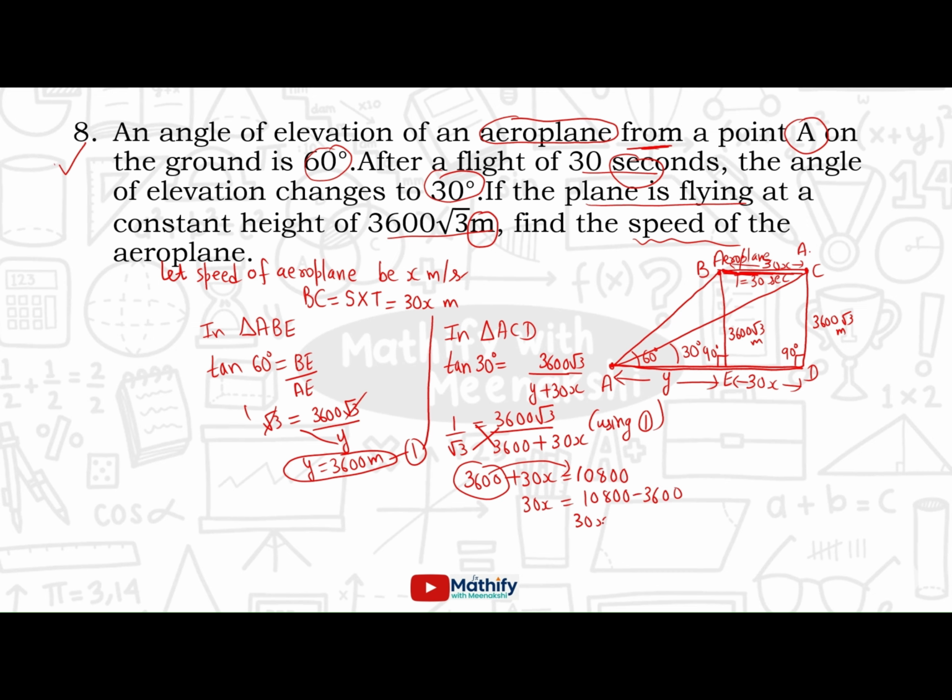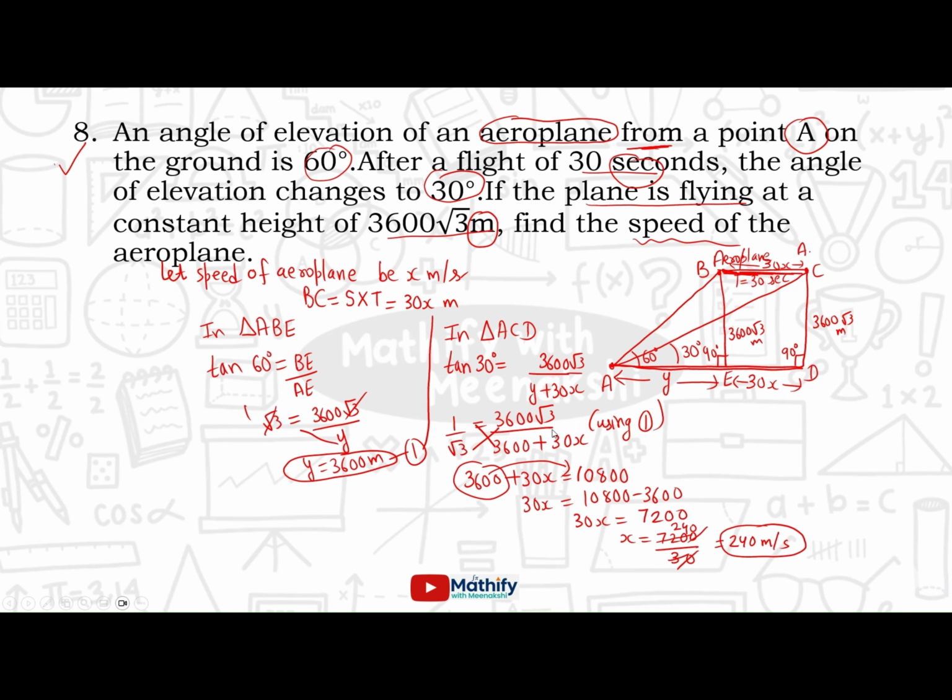That means 30x is equal to 7200. Now x is 7200 divided by 30. You will cut the 0. 3 into 2, 6. We are left with 1. That is 4, 0. So answer is 240 meter per second. And that is what we have to find, that the speed is 240 meter per second.